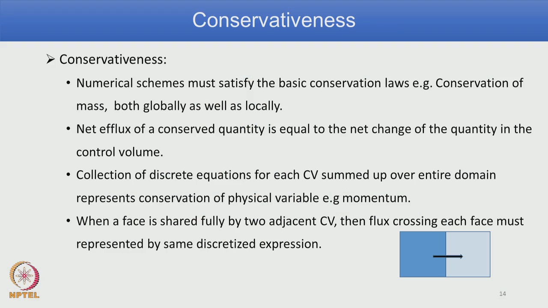So, sketch wise, this is a simplified control volume, and whatever is going out, and exactly this control surface is shared fully by two adjacent volumes, is equally represented by whatever is coming in here. So, the discretized form of this leaving must be the same as the discretized form of what is entering the next control volume. So, if you ensure that for each control volume and sum them up for the entire computational domain, then conservativeness can be ensured.